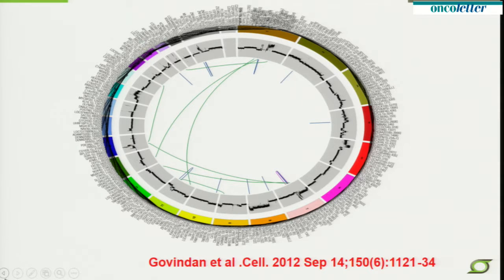And this is actually what is called the Circos plot. And I'm sure many of you are familiar with this. What this means is that this is a pictorial representation of what is happening in a single adenocarcinoma specimen by doing the whole genome sequencing, which is basically a way to look for all the 20,000 genes, the coding and non-coding regions. And this is very easy to follow if I explain to you in a minute, even if you're not familiar with that.